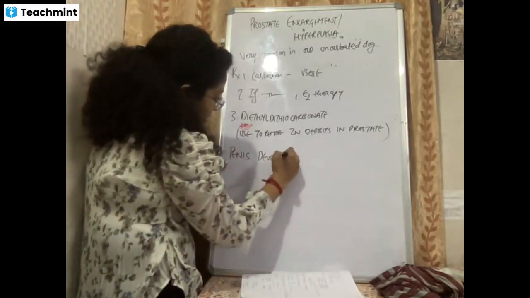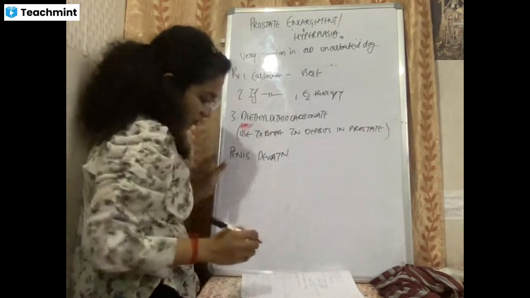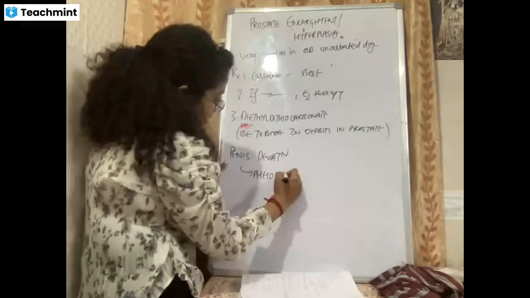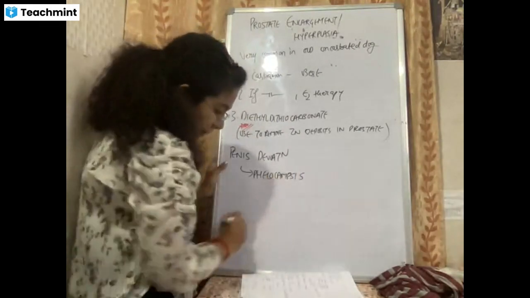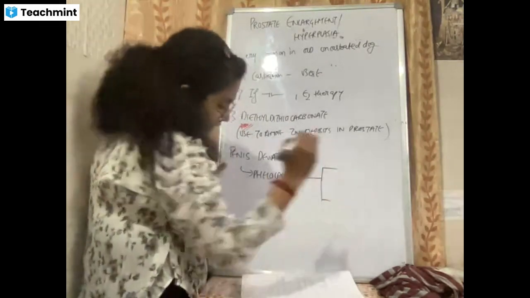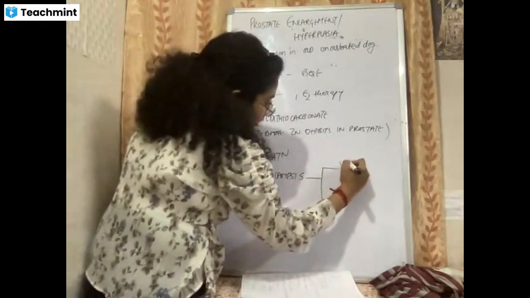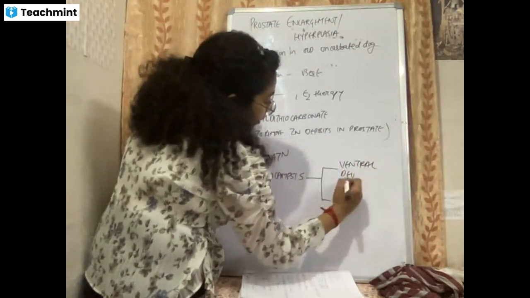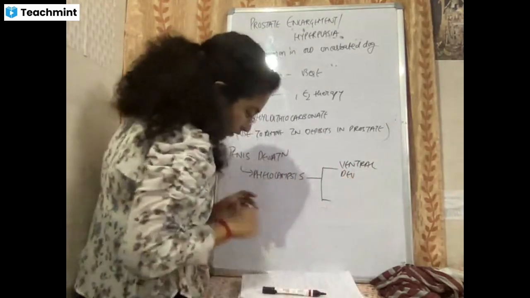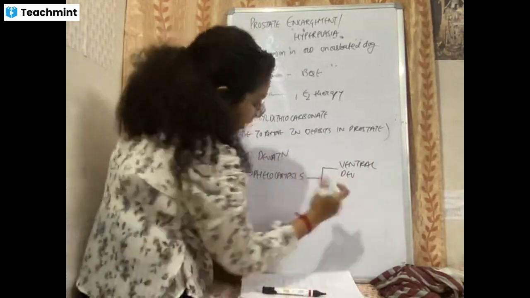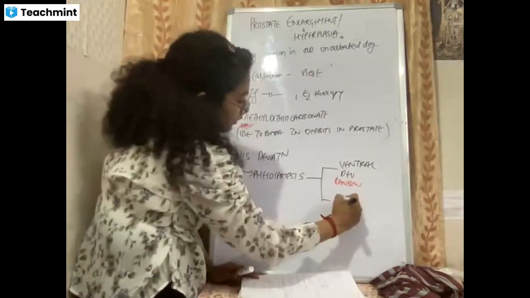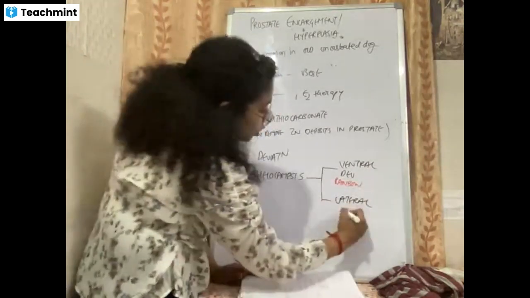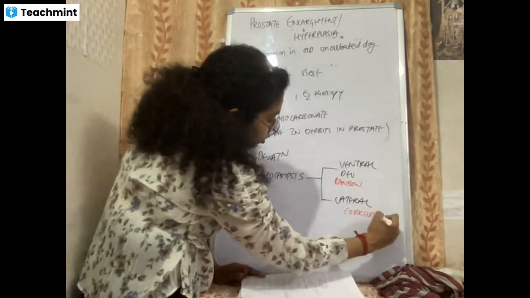Then we have penis deviation. Now in this two types come. If there is a ventral deviation, that is known as ventral deviation. The other is known as corkscrew deviation of the penis.